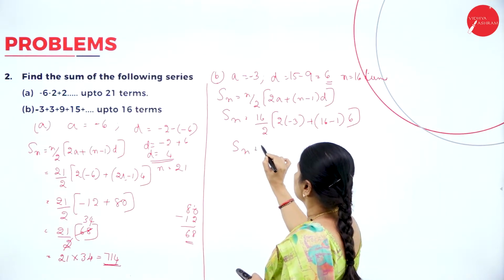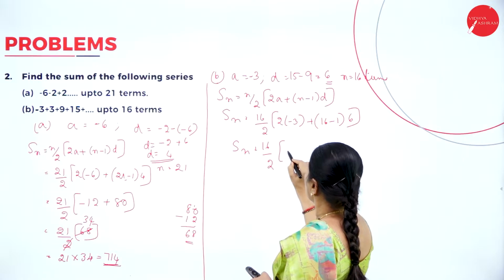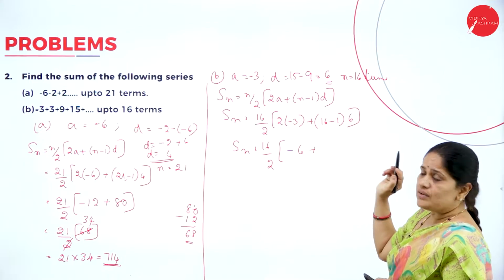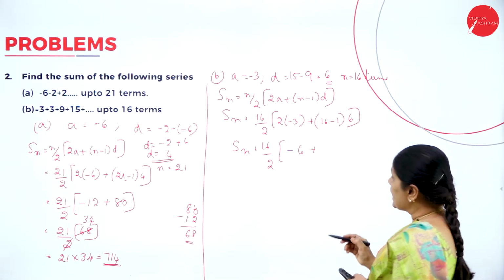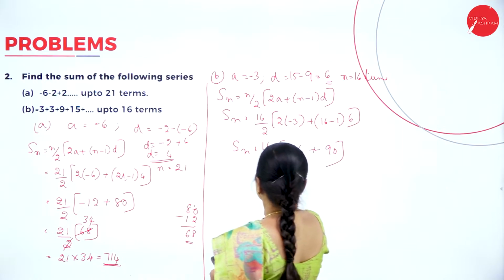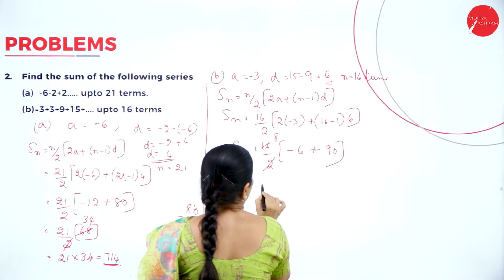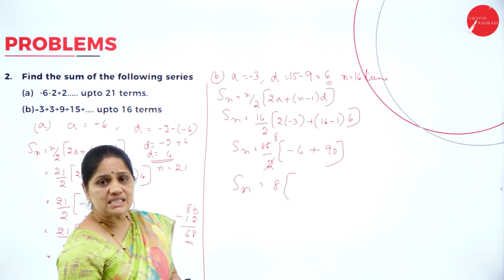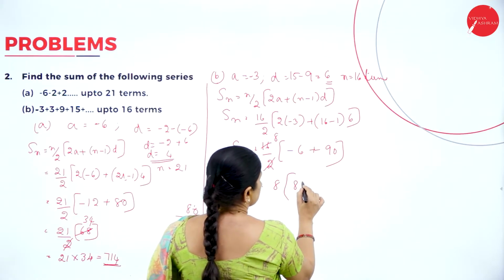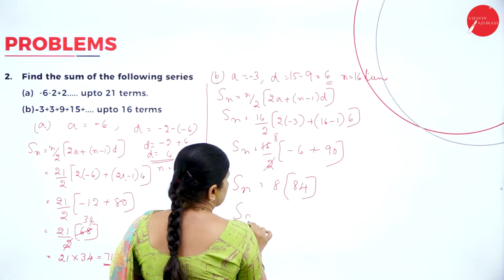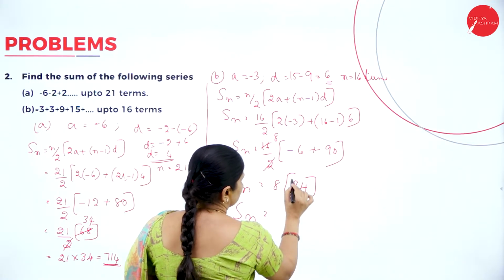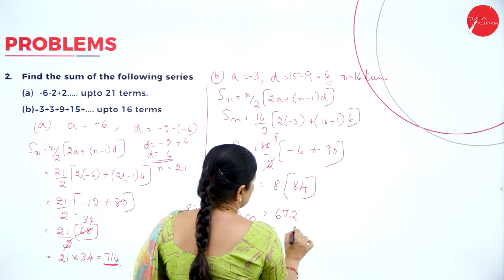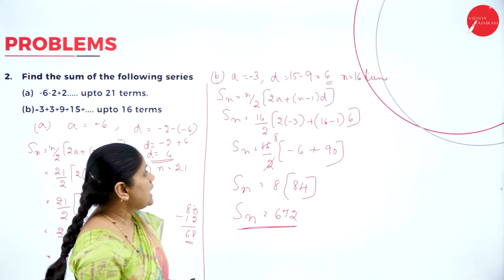So, Sn will be 16 by 2 into minus 6 plus 16 minus 1 is 15, 15 into 6 is 90. So, the next step is Sn will be equal to 8 into 90 minus 6. So, 90 minus 6 is 84. So, Sn will be 8 into 84, which is 672. So, 672 is the answer.